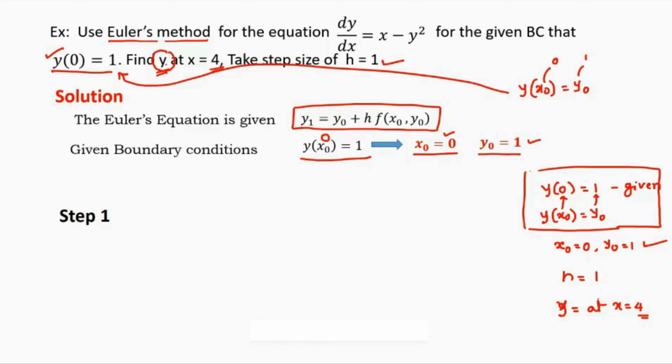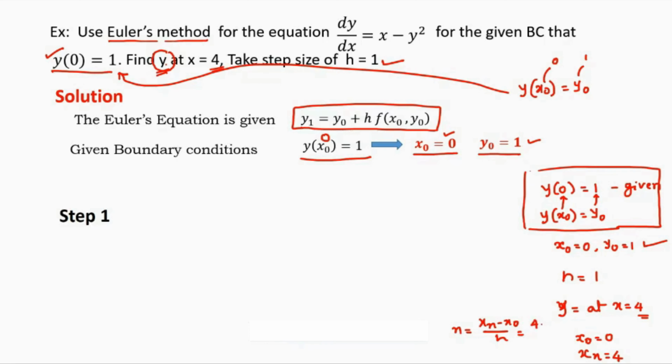For that, the value of x is varying. The initial value x naught is equal to 0, and here xn, the last value of x, is 4. Therefore we need to find the number of iterations, which is equal to xn minus x naught by h.